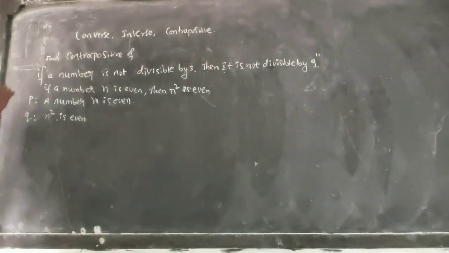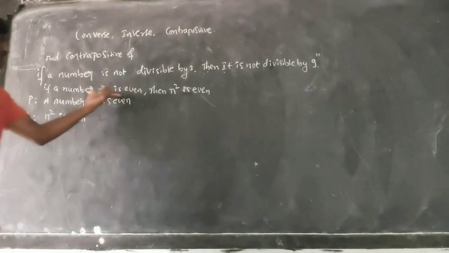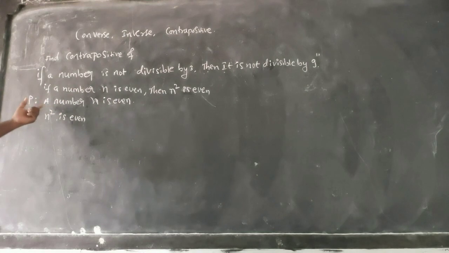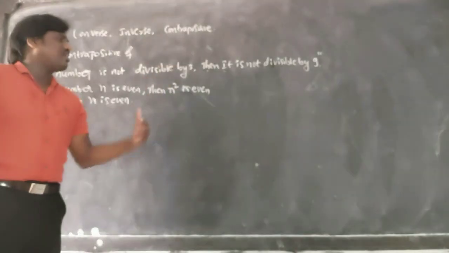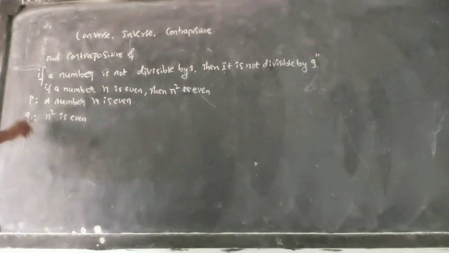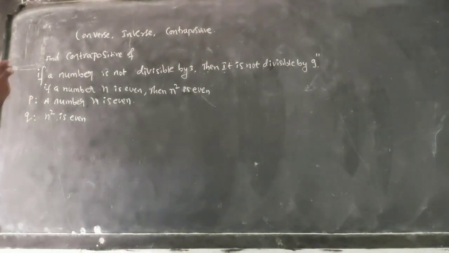In that, what is the P statement? Whatever is there between if and then is the P statement: a number n is even. What is the Q statement? What comes after then is the Q statement: n square is even. Now this is the conditional statement.